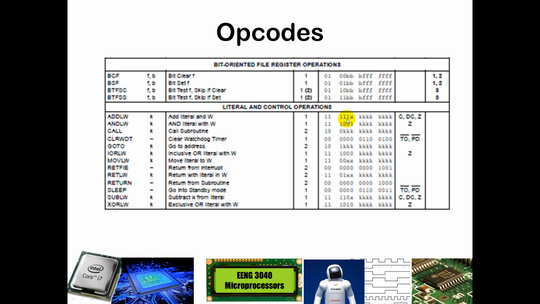The leading 5 bits are all 1s, and then your literal is going to be 8 bits. That's going in this K over here, and then this particular bit is going to be a don't care. So you do have a few don't cares in there as well. But generally, this is the structure of the opcodes.